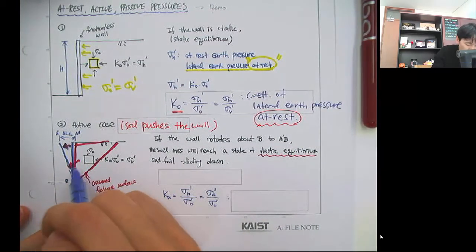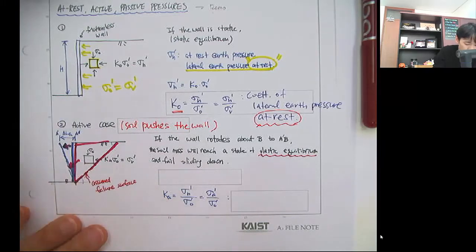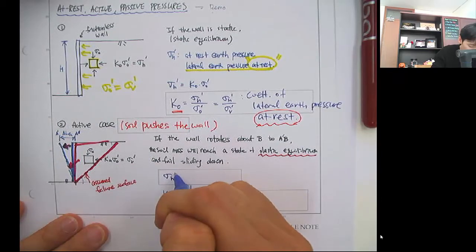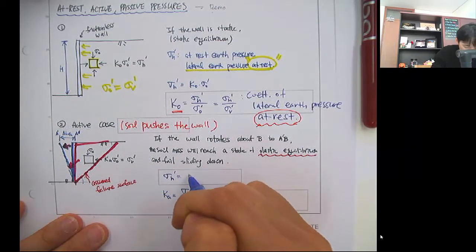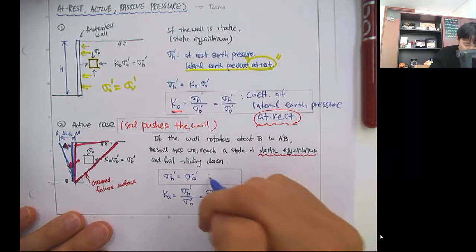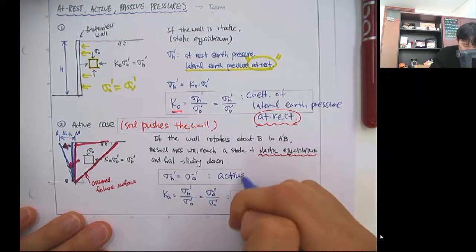During this active condition, while the wall is moving outward, the horizontal stress is called the active pressure, sigma A prime.